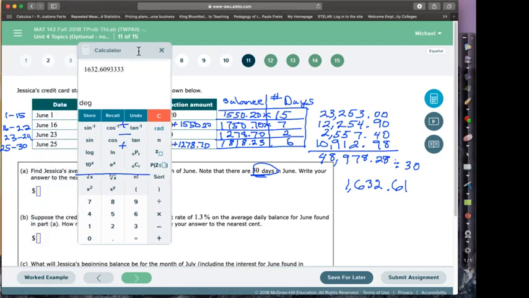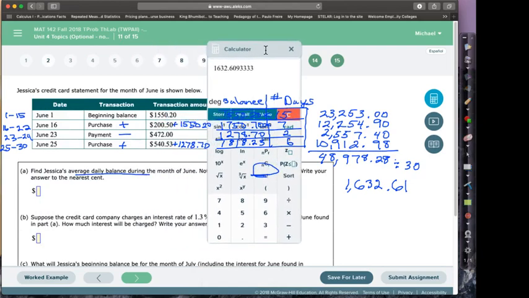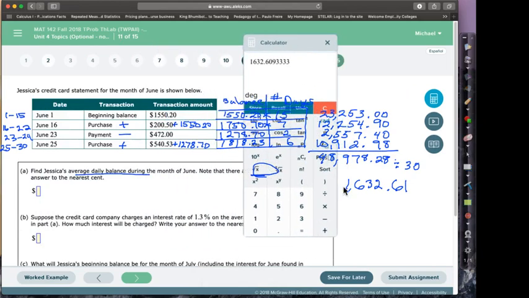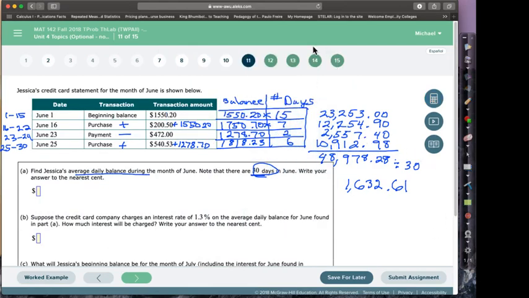Enter that in so that we don't lose it. 1632.61. So let's just get the calculator out of the way. $1,632.61.